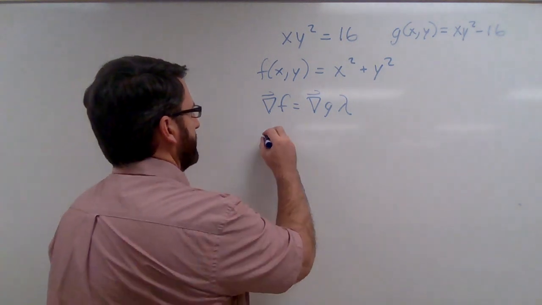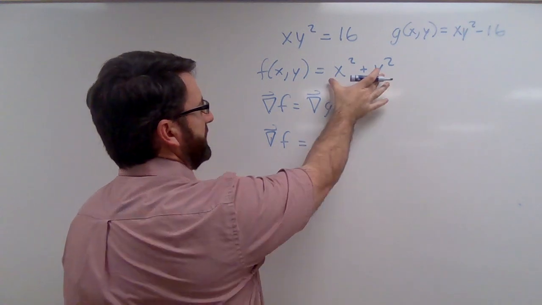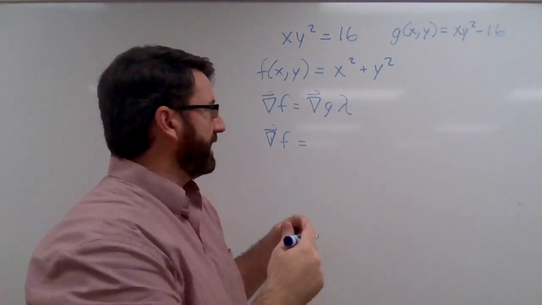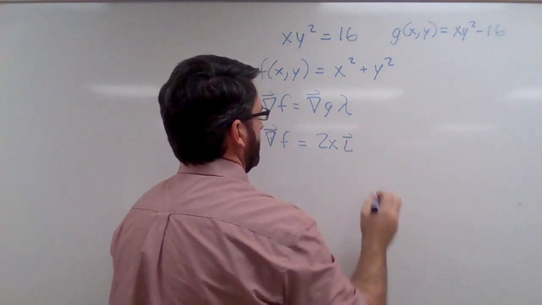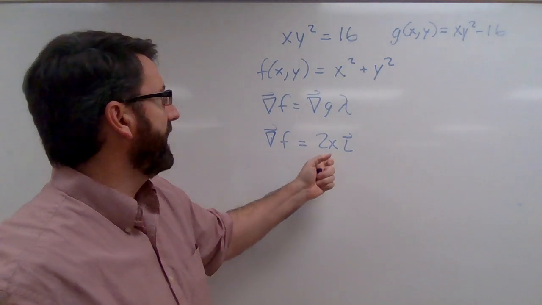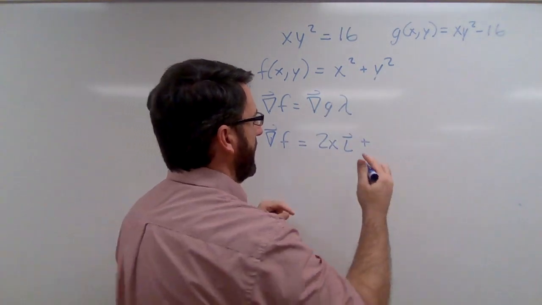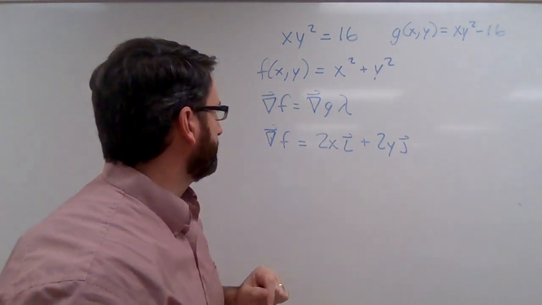So first, let's find the gradient of f, which is going to be the partial derivative of f with respect to x, which is 2x, times our unit vector i, plus the partial derivative with respect to y, which is 2y, times the unit vector j.